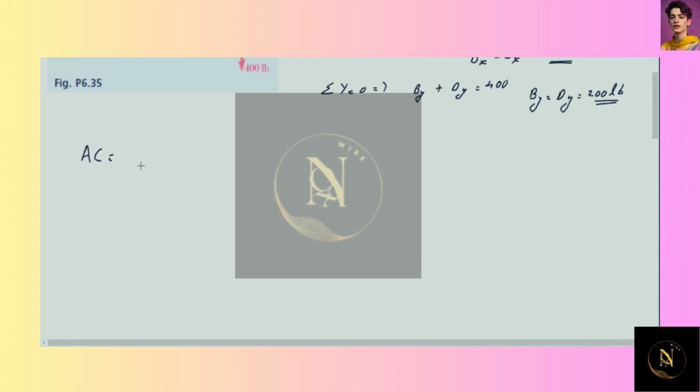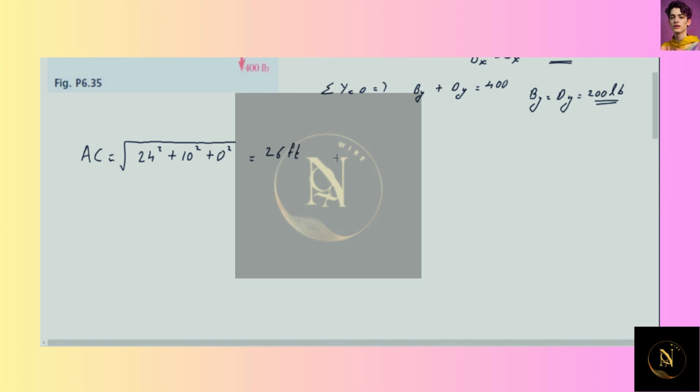AC will be equal to root of 24 square plus 10 square plus 0, and this value is 26 feet.